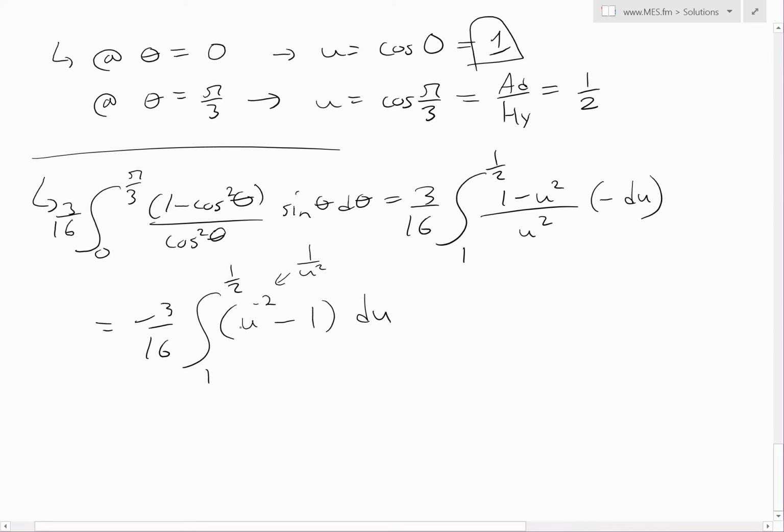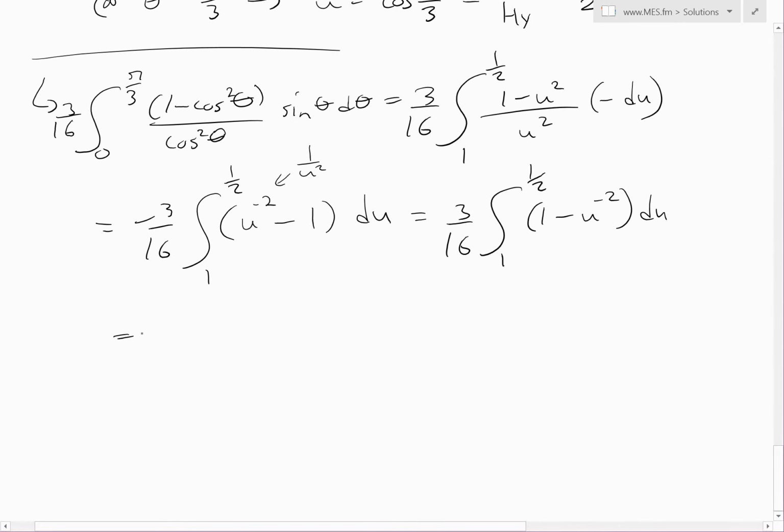What we could also do is multiply this negative inside here so that we switch the signs, to make it look a bit neater. So from 1 to 1 over 2 of 1 minus u to the negative 2. So we have this, and now we can go ahead and solve this integral.